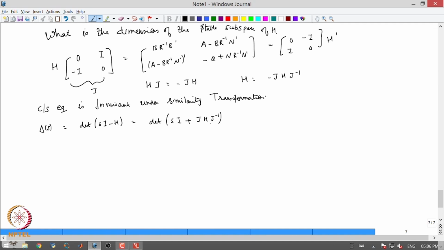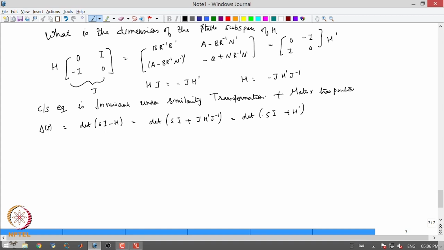Something is wrong here, there should be an H transpose here and here. Okay. This is also equal to the determinant of sI plus H transpose, because the characteristic equation is invariant to similarity transformation and also matrix transposition. That A and A transpose will have the same characteristic equation.